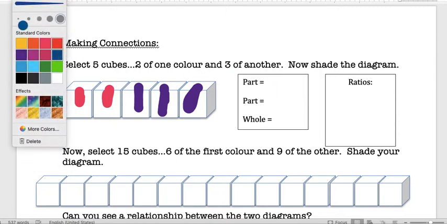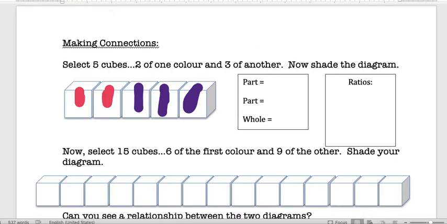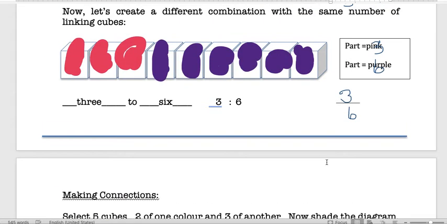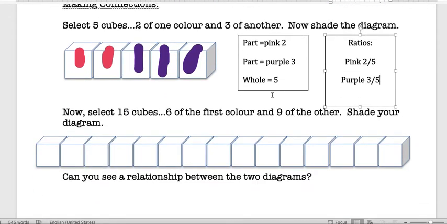So I've got part pink, I've got 2, part purple, I've got 3, and total, all the colors, I have a total of 5. So the ratio for pink is 2 to 5 of whole. For purple, I have 3 out of 5 of the whole. So we're looking at parts of the whole.